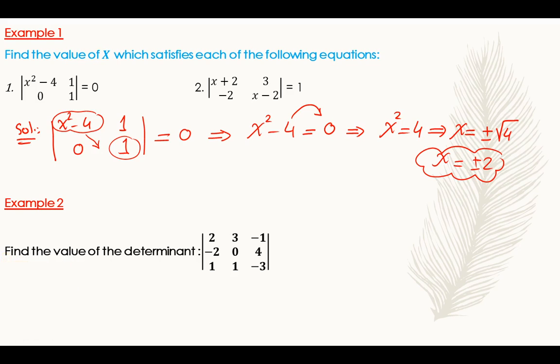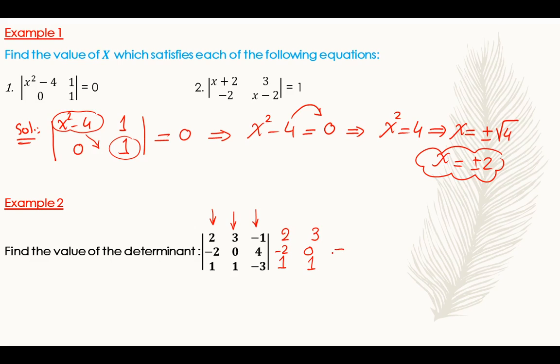Here, to find the value of this determinant, this is the first row, this is the first column, this is the second column, and this is the third column. We are going to write the first two columns here: 2, negative 2, and 1. And we are going to write the second column, which is 3, 0, and 1.